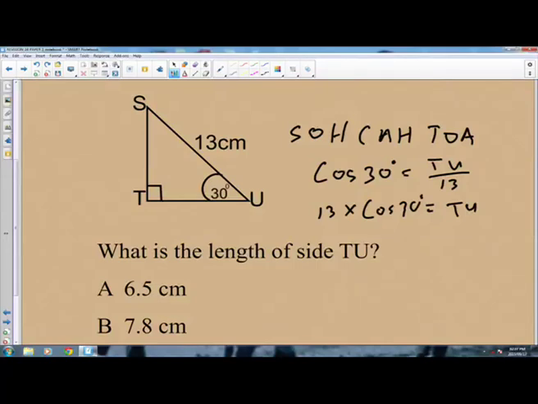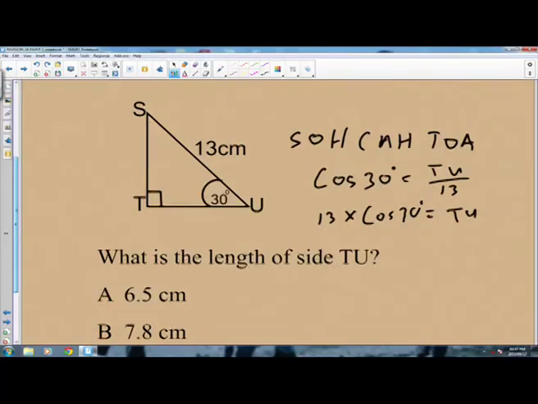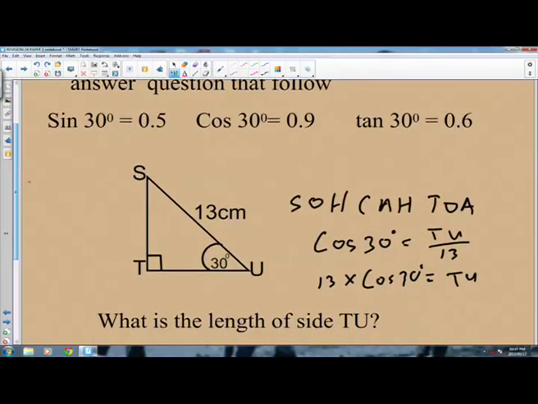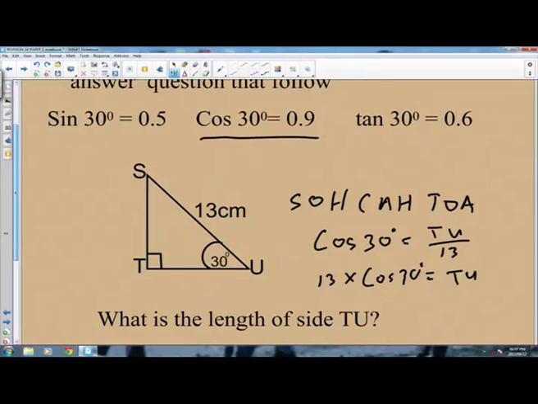And then we need to check what is the cos of 30 degrees, because that is the information given. So what is the cos of 30 degrees? Cos of 30 degrees is 0.9. This is the information given, so this is the information that we are to use.